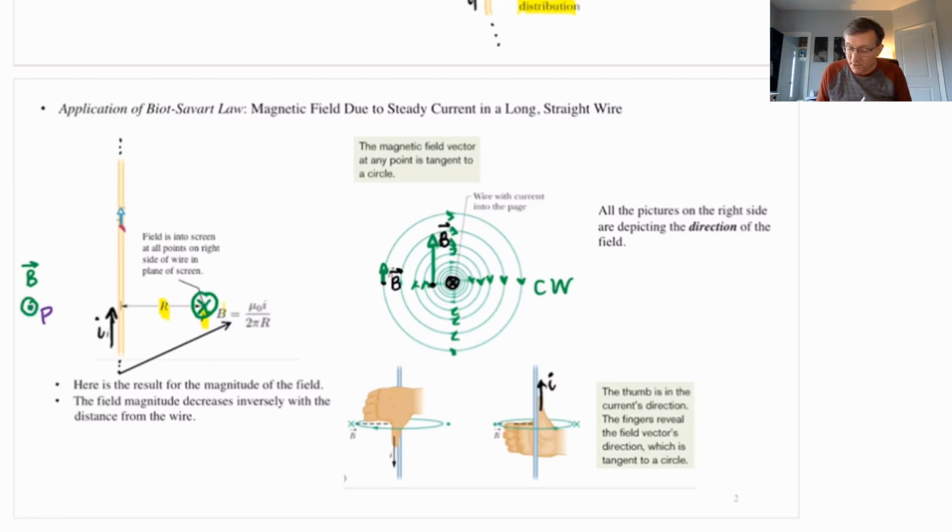For the case where the current's going upwards, hold your thumb upward and look which way your fingers circulate. They circulate with your fingertips coming out of the screen on the left side there. And if they could extend around, and you can swivel your wrist so that they do, they'll point into the screen for points on the right side.